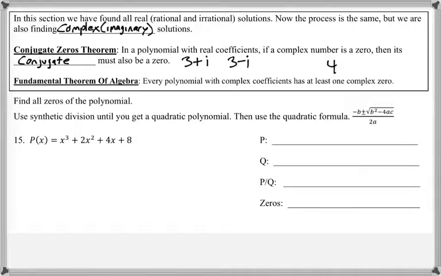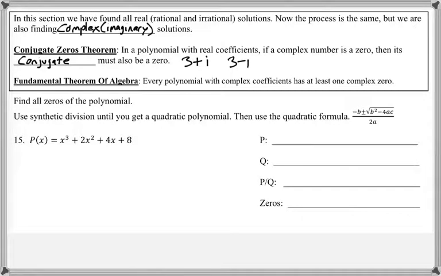So all this is saying is that it'll have at least one complex zero. We don't really use the Fundamental Theorem of Algebra too much, and the Conjugate Zeros Theorem is just something to be aware of.